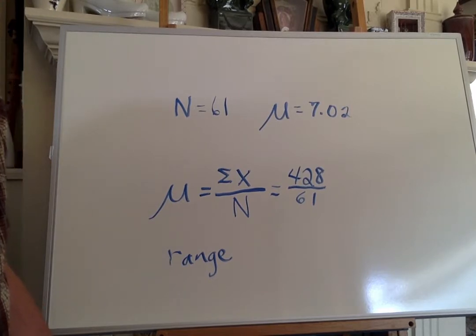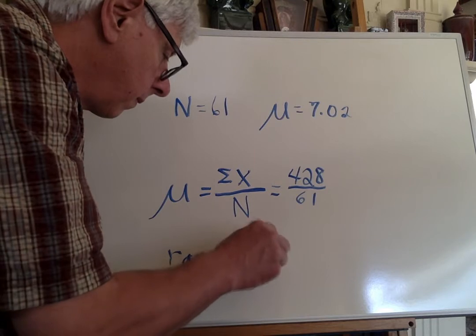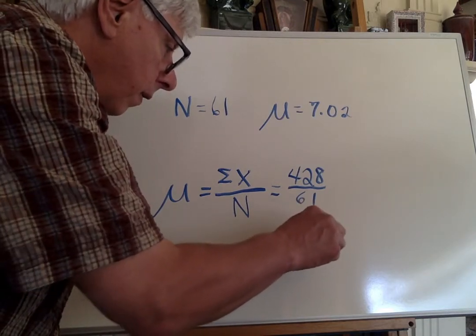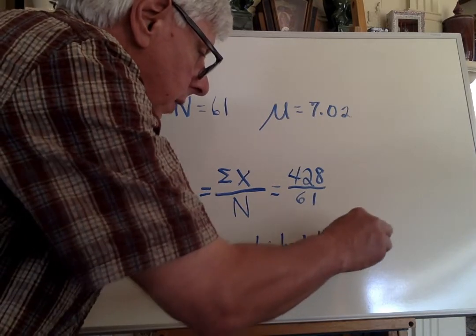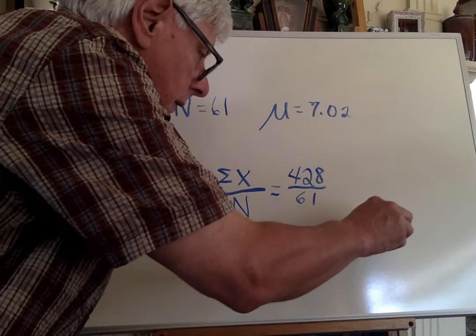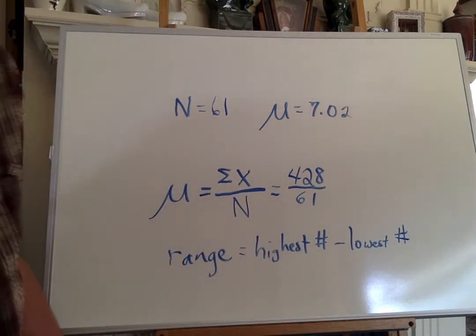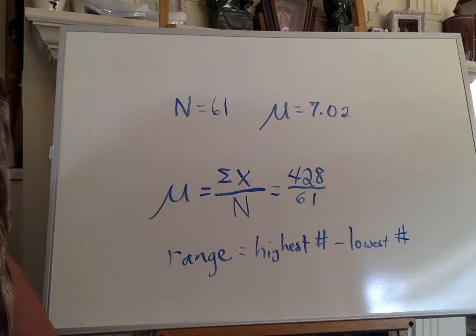Now, let's look at this data set here. What is the highest number that we have? And then what we're going to do is subtract the lowest number. Okay, so what's the highest number in this data set? Let's take a look. Well, there's a 10.